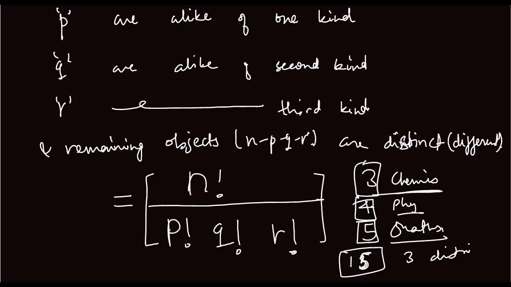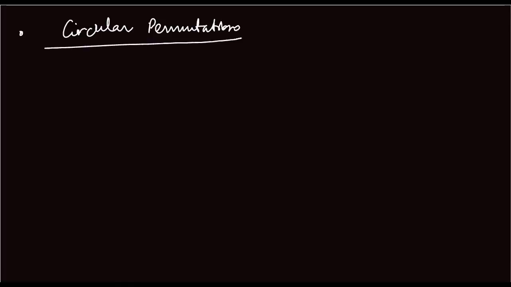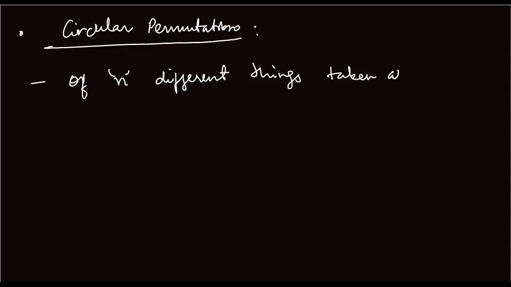So let's move on to circular permutations, which is also one of the famous topics for JEE examiners. First of all, the number of circular permutations of n different things taken all at a time is n minus 1 factorial.